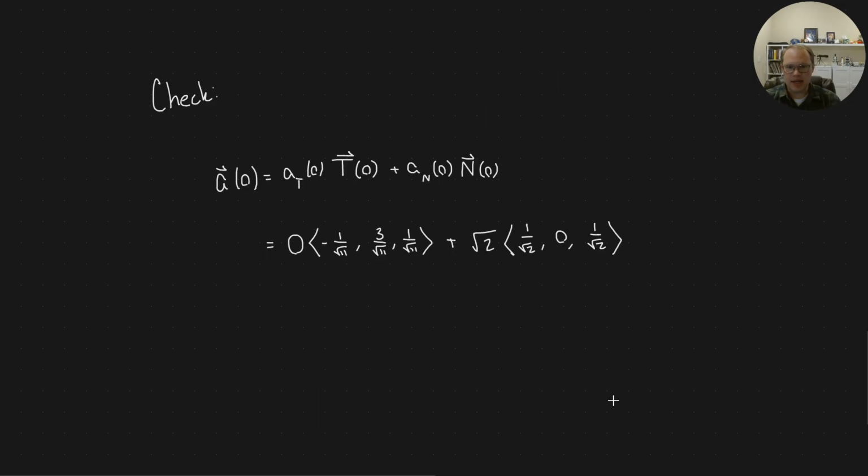Now, this is kind of a special case because we don't have any acceleration that's tangent to the curve. All our acceleration is taking place normal to the curve. It's all focused on turning that velocity vector. So this is 0. Okay? But this works out to be, if I distribute that root 2 and simplify, 1, 0, 1.